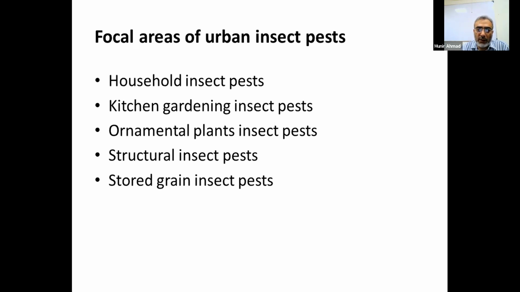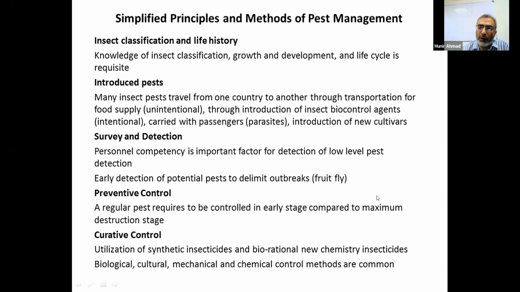Another aspect which is very important in the urban area is the stored grain insect pests. These insect pests are directly relevant to the environment where we use resources for the conservation of food reservoirs, for grains and other things which we keep with us, and we'll see how we can understand that.